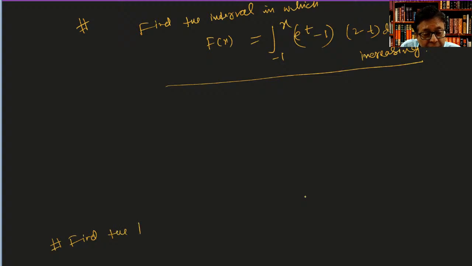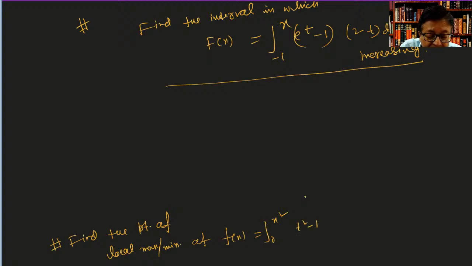Find the point of local maxima or minima of f(x) equal to integral of t square minus 1 by e to the power t plus 1 dt.